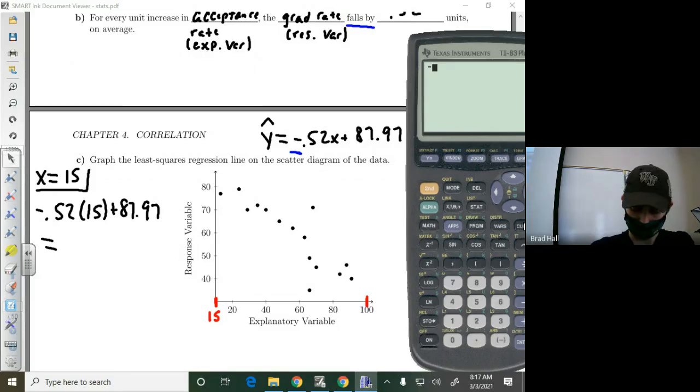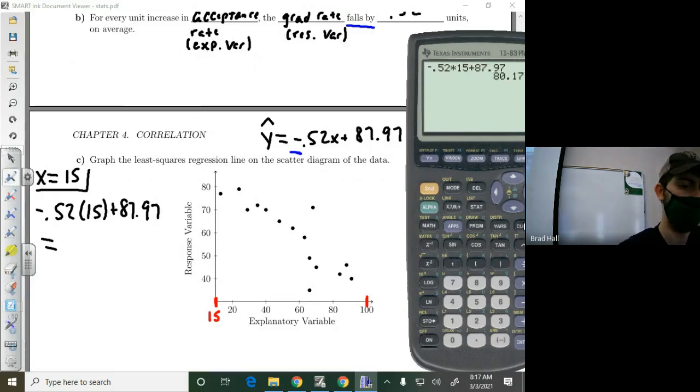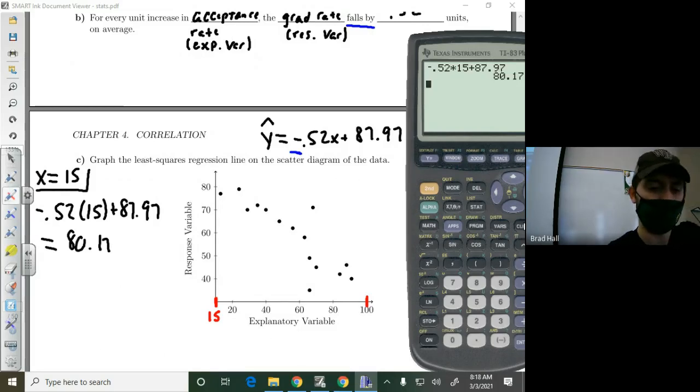So this is negative 0.52 times 15 plus 87.97. And it comes out to be 80.17. So whenever I plug in 15 for x, I get about 80.17, just a little bit above 80. It doesn't have to be perfect, but it just gives us an idea.